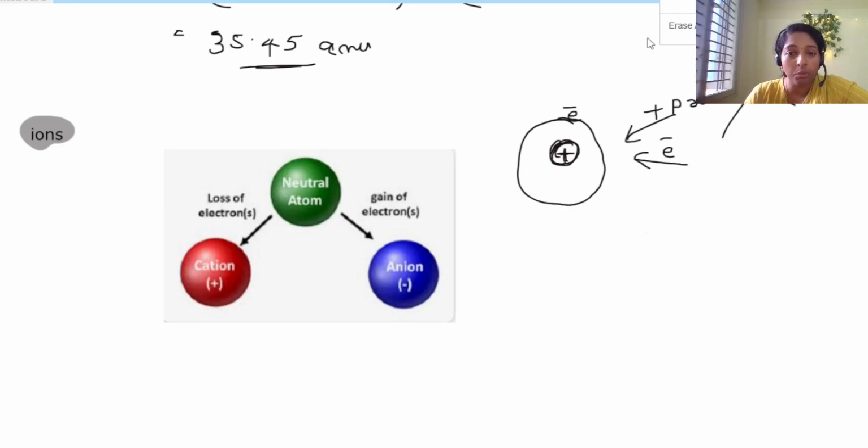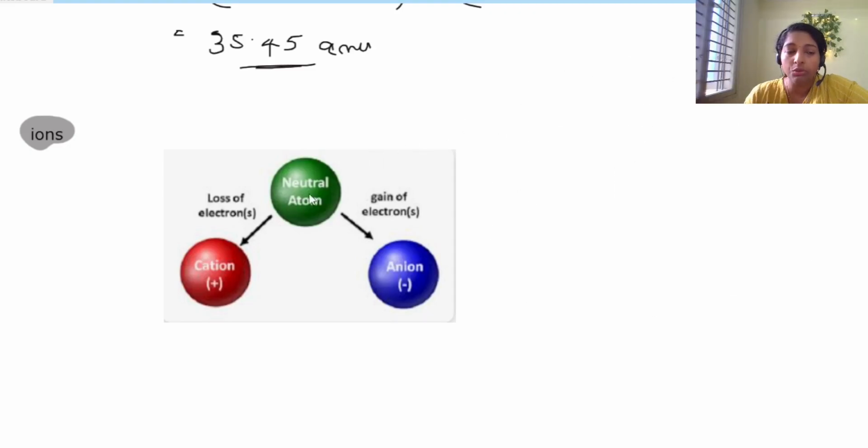So how can an atom get a positive charge? Do not think some positive charge is added. No, electron removal is happening. Negative charge is being lost, and losing negative charge means gaining positive charge. So always imagine you can make ions only in terms of electrons.